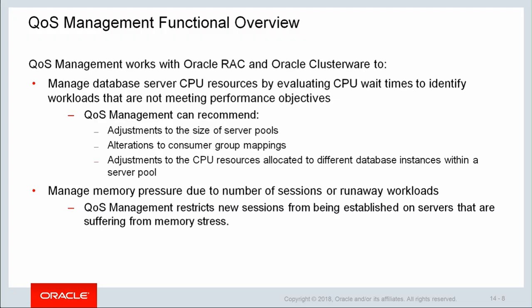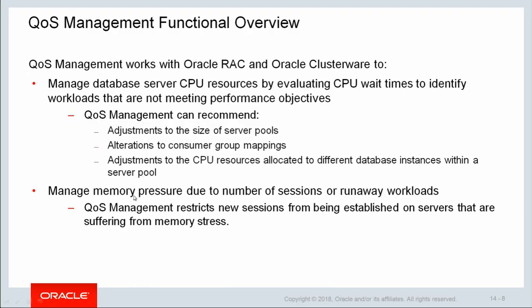So Quality of Service gathers all this information and analyzes it. Then Quality of Service tries to manage database server CPU resources, and it can also check wait time. And it can make recommendations like adjusting the size of a server pool, and consumer group remapping.